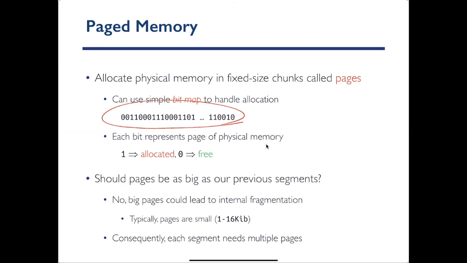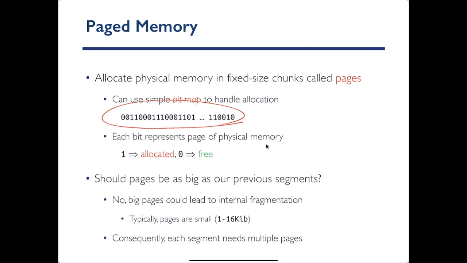Now, if you want to make an allocation, you just go through this bitmap, find a bit that is 0. That indicates that this particular physical page is not allocated, and then you can allocate it. So management becomes pretty easy. We can just do this with a single bitmap.